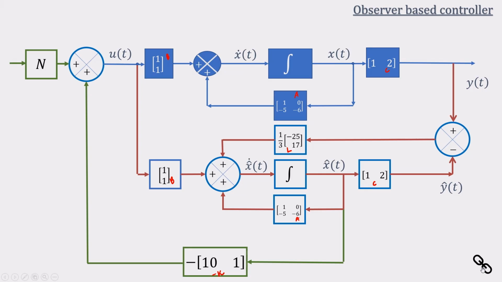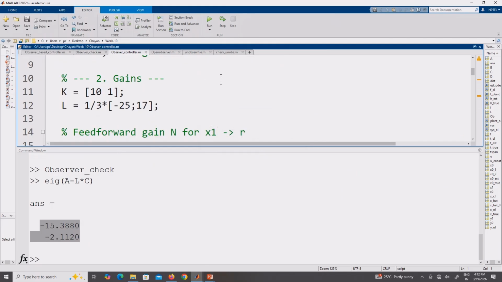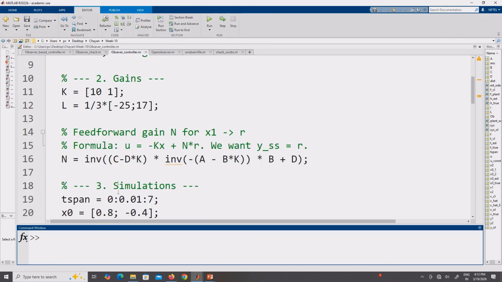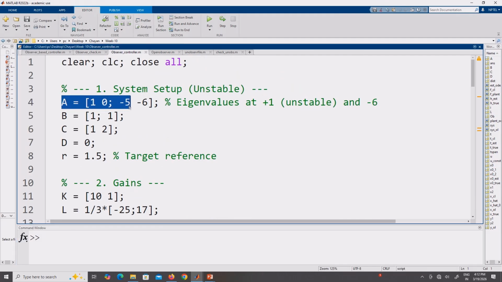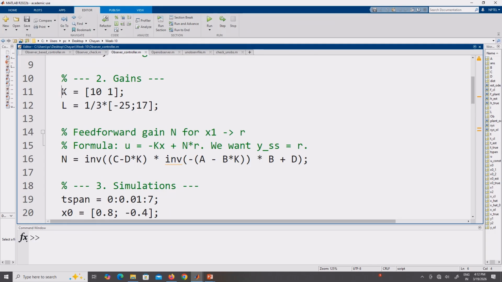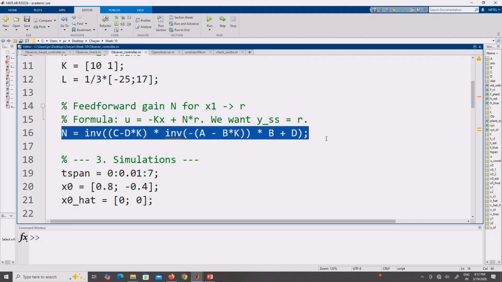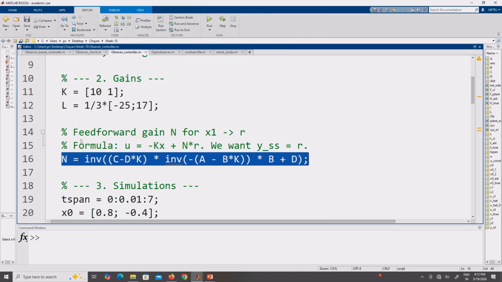Let us try to simulate this system and see. So, you can see that these are my A, B, C, D matrix, okay, and then I have taken my K to be this, L to be this, and here although I have not taken, there was no objective for n there, because the steady state value was not given.